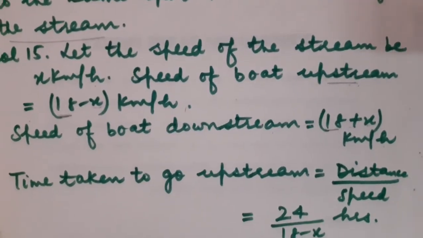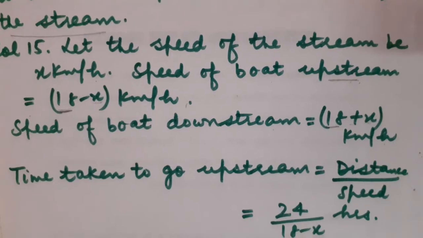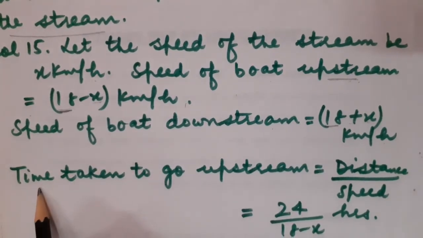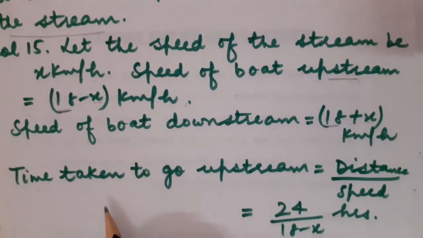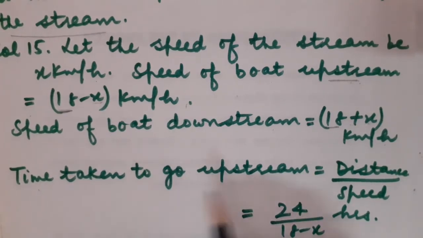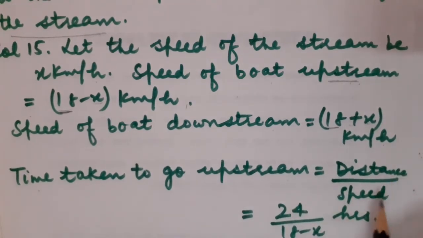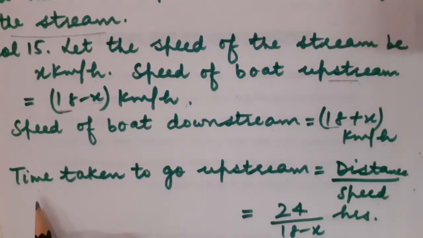Fine children? Now which formula do we require basically to solve this question? Correct. We require the formula of time. Now what is the formula of time? First of all, let us recall the formula. Time is equal to distance upon speed. So now I am going to find out the time taken to go upstream. What is distance?